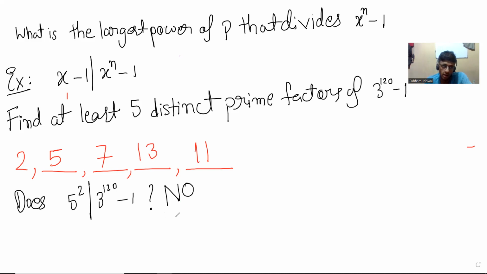Okay, why? That's an interesting statement. So you're saying that 5 square cannot be written as 3 to the k minus 1 where k divides 120. This itself is an interesting statement, whether it implies that, but why is this true?